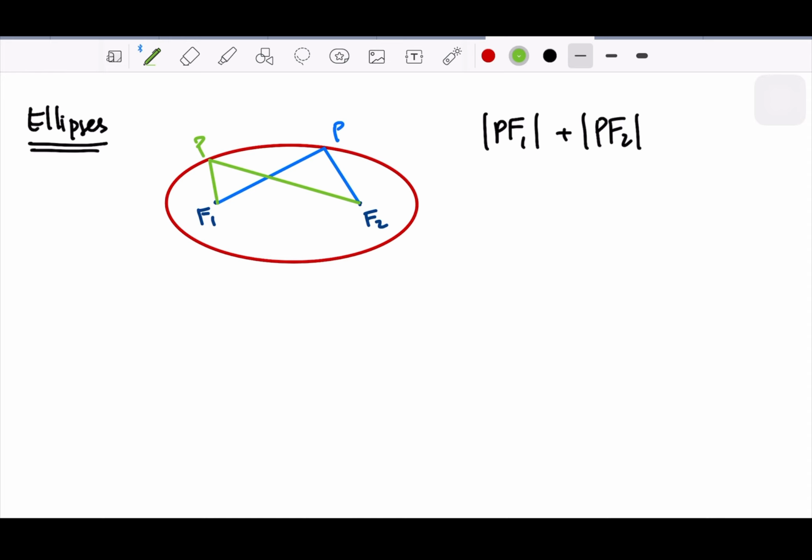Why 2a? Because you will see in the equations, if it's just a, then the equation will have something half, so it should have something to make it equal. But let's just see first here. So if we take PF1 plus PF2, this should be equal to the constant 2a.